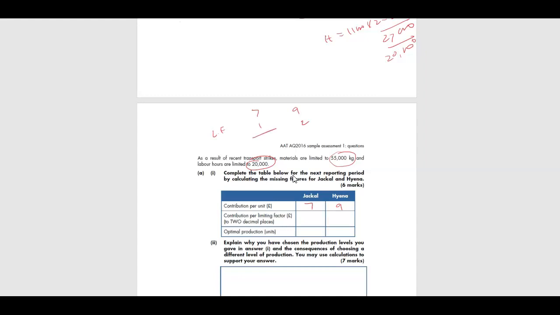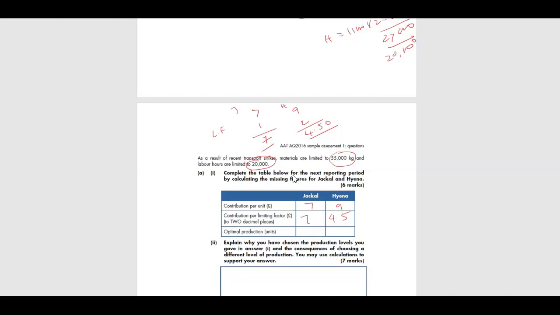So we understand that J gives me more than H, because H gives me only £4.50 per hour and J gives me £7 per hour. The contribution means kind of profit. So of course I should make the J first, then any hours remaining I will make the H.